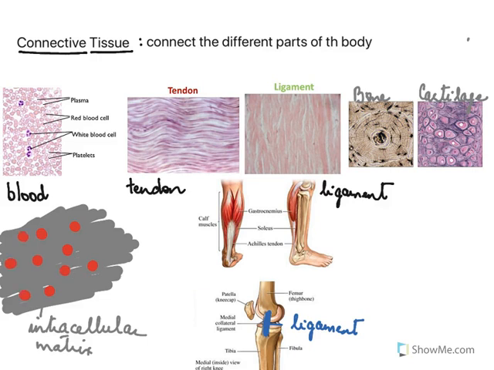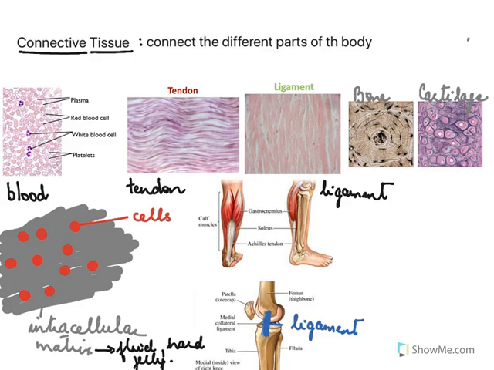Maybe blood, maybe bone, cartilage, all of them have this intercellular matrix, and in this matrix are loosely spaced cells. The matrix could be a fluid, it could be hard, or it could be jelly-like. The nature of the matrix will depend on the function of the connective tissue.